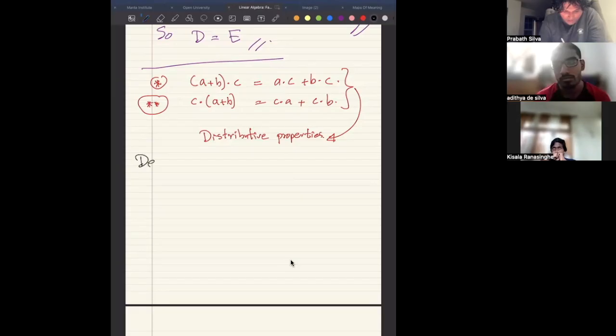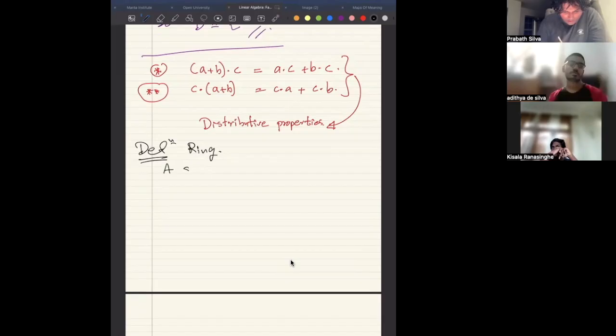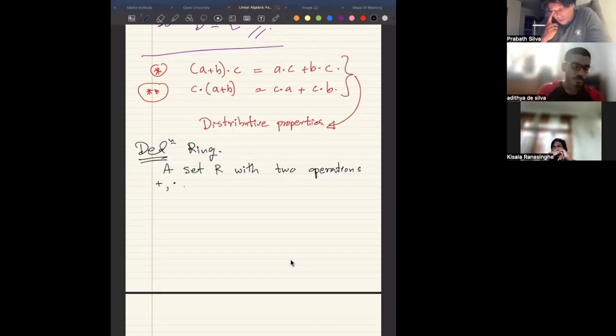So the definition for a ring: this is a set R with two operations, and we call them plus and times.